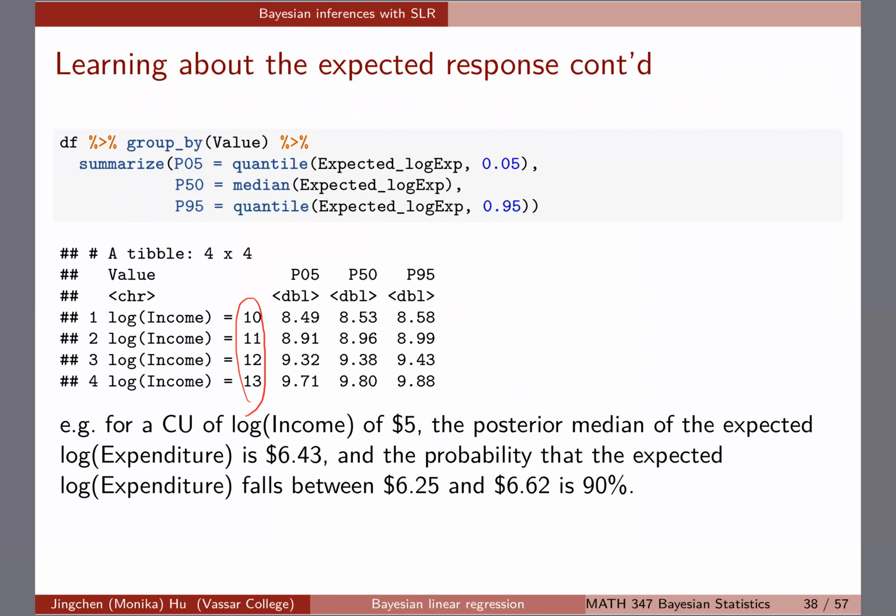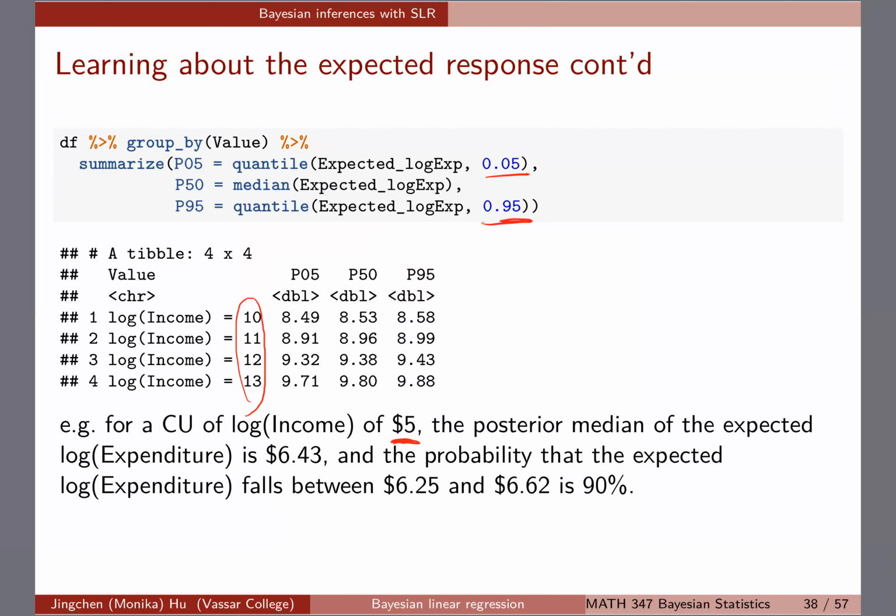You can also return what we call the quantiles. We can look at the median and the middle 95% or 90% credible interval. If we have a different table about the 1, 5, 7, 9, you can interpret those expected log expenditures in terms of the values that you get.